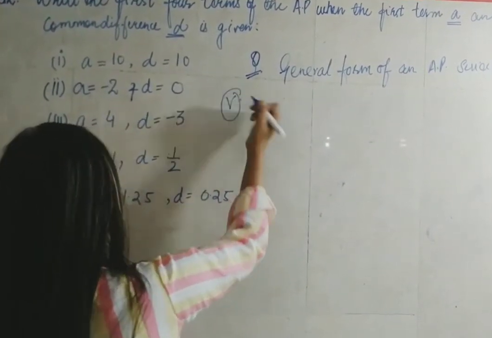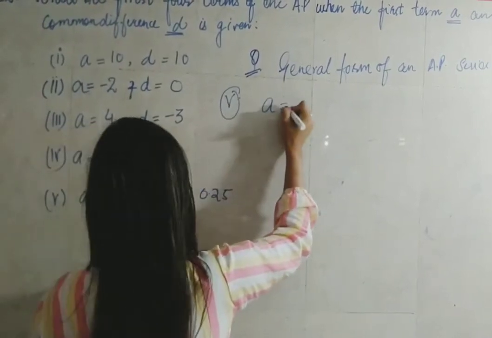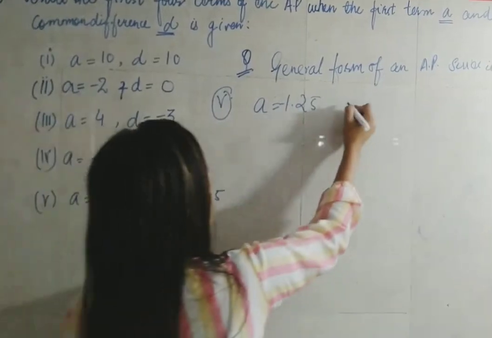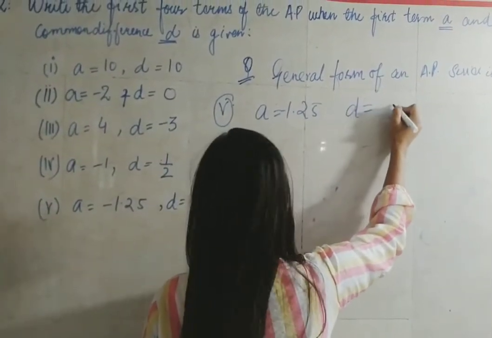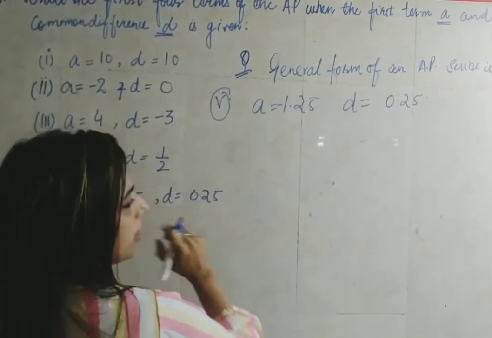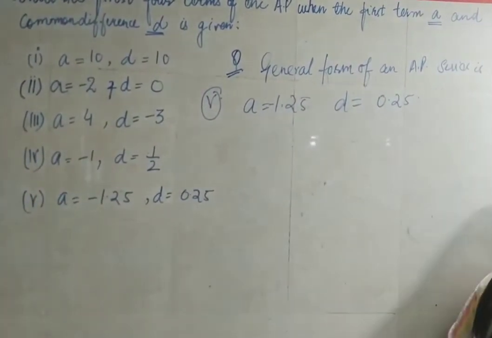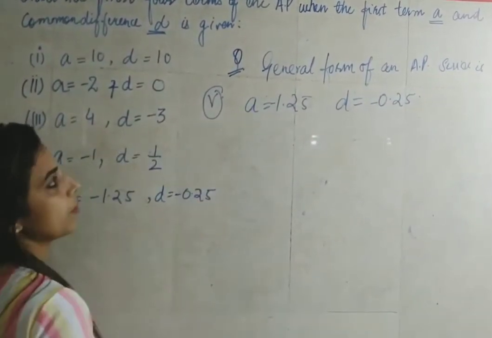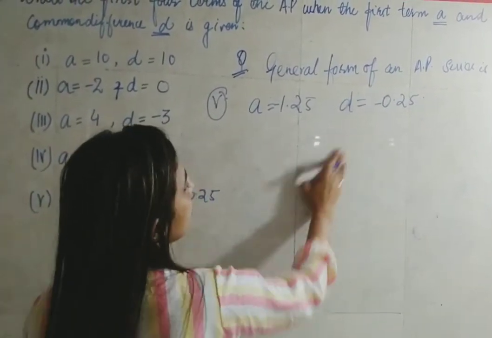Now in the 5th part you are given A is equal to minus 1.25 and D is equal to 0.25. I think it is minus 0.25. Let me check first. Yes, it is minus 0.25. Okay, now let's solve this.